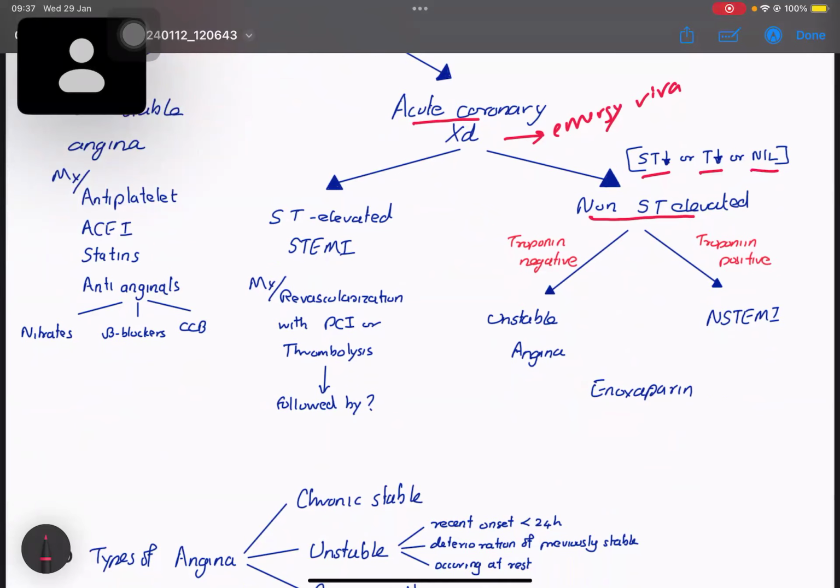So with the ECG, we can't actually tell which type of non-ST elevation MI has occurred. So in the Sri Lankan setup, we do troponin. If the troponin is negative, we call it stable angina, and if the troponin is positive, we describe it as non-ST elevation myocardial infarction.